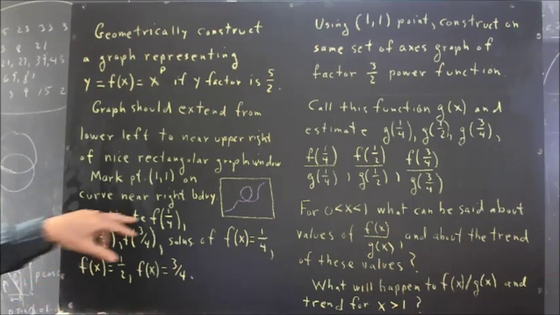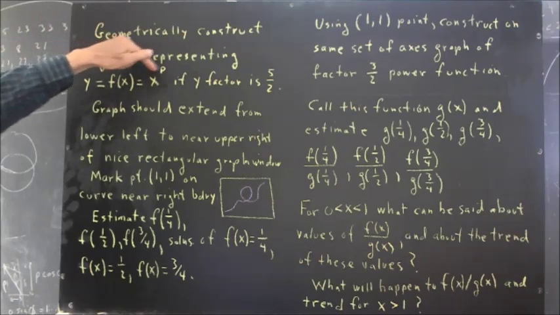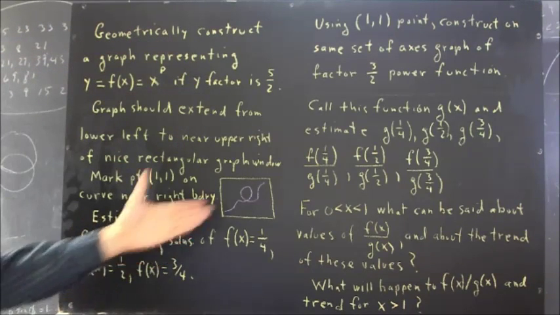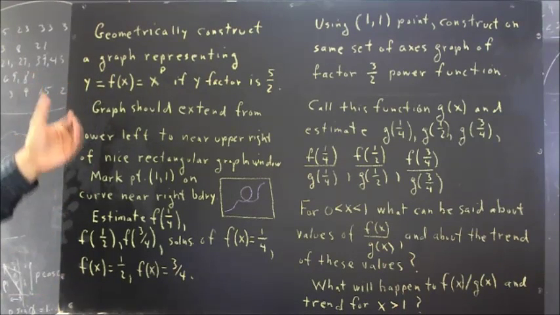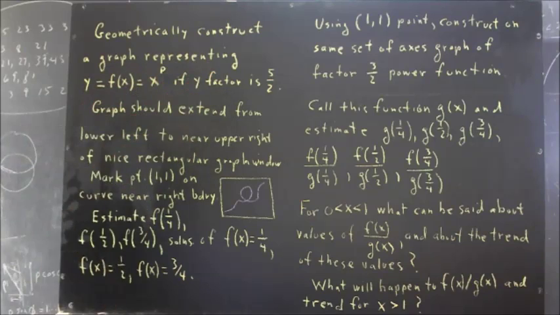Now remember, f of x is this function whose graph you've constructed. Or, of course, you've constructed an approximation to the graph. And again, I'll say this graph can be constructed with compass and straight edge. You should understand how it could be constructed with compass and straight edge.